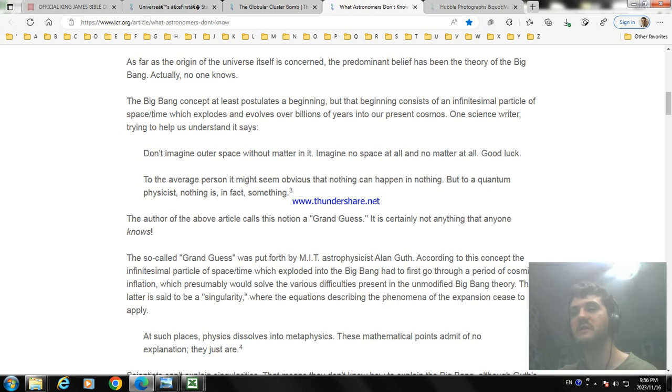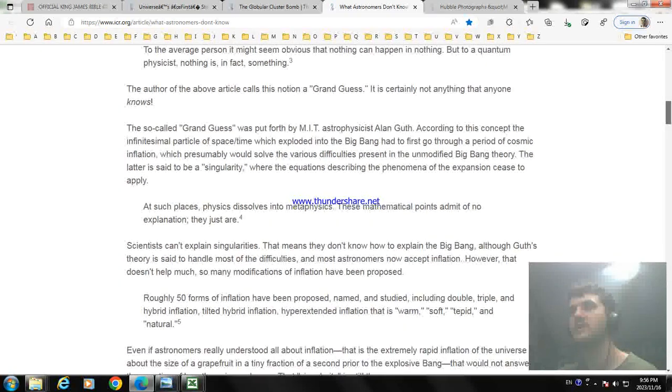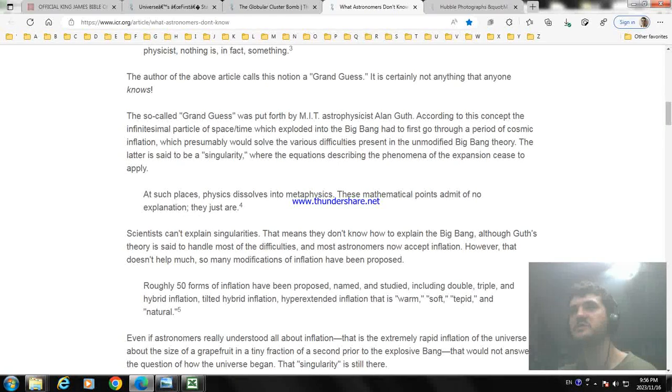was put forward by MIT astrophysicist Alan Guth, going to the concept of an infinitesimal particle, space-time, which exploded into the Big Bang, at first through cosmic inflation, which possibly would solve different difficulties with the modified Big Bang theory.